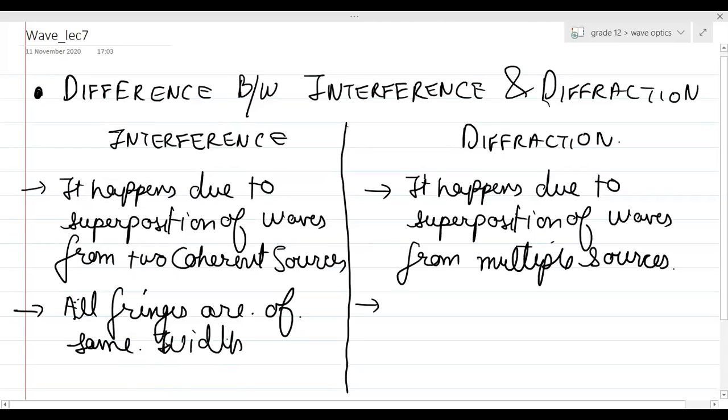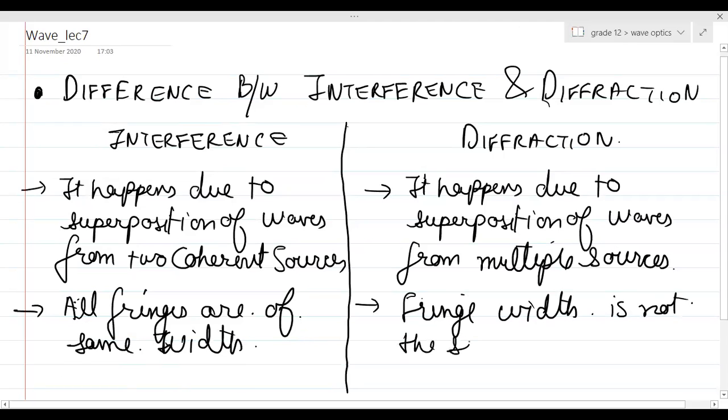But here the fringe width is not the same. We'll draw the diagram and we'll see how exactly it looks. The width is not the same for all fringes.